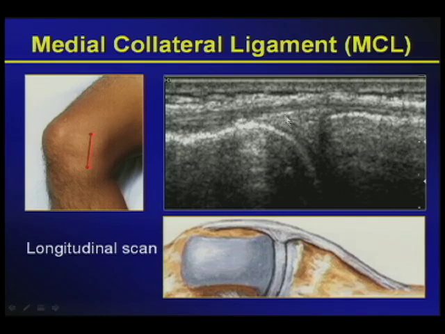In between the two, you appreciate the relatively hypoechoic fibroareolar layer of this medial collateral ligament over the joint line. So this trilaminar structure stretches from the femur to the tibia, likewise appreciated on Netter's drawing at the bottom of this slide.